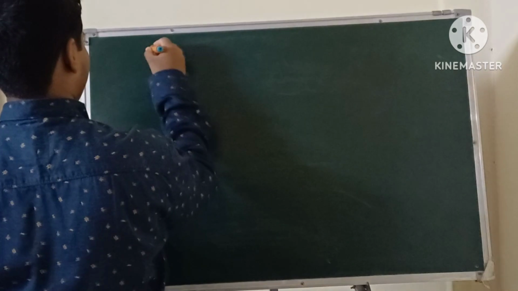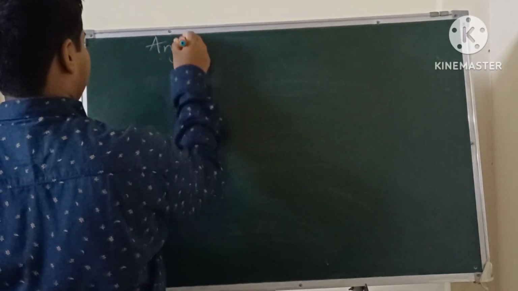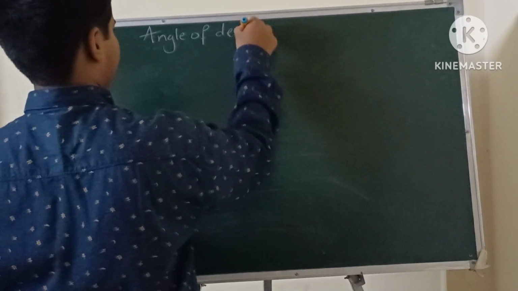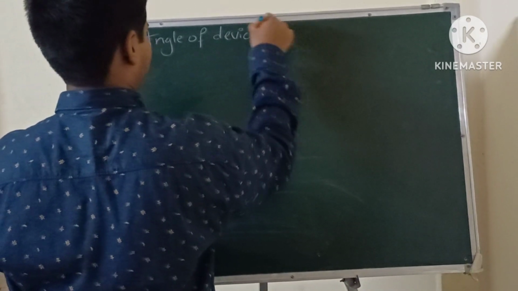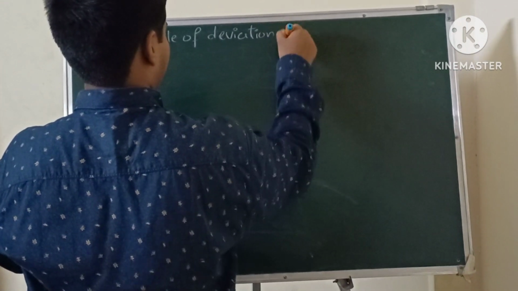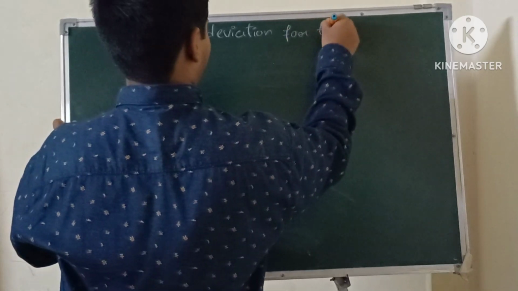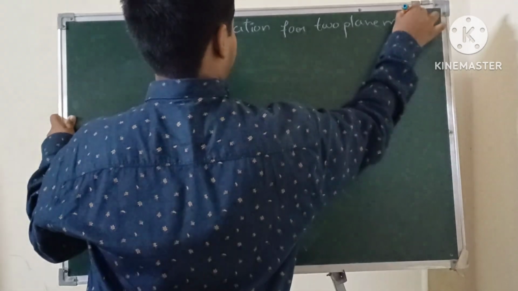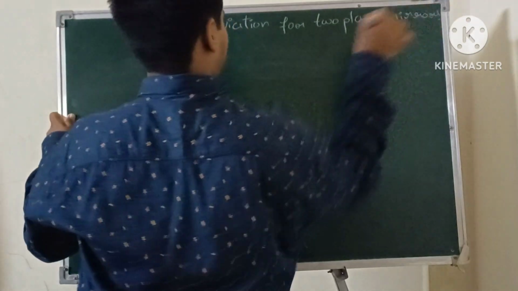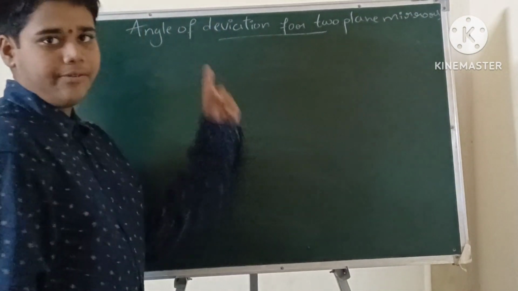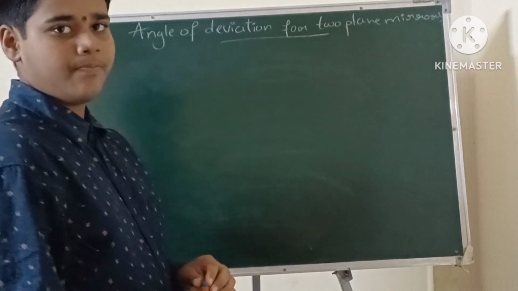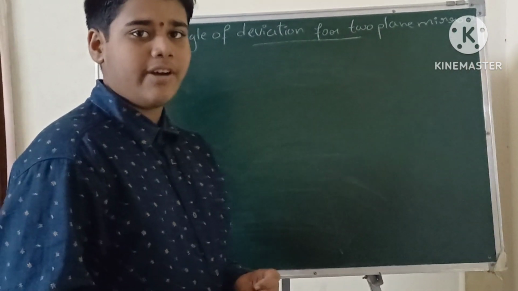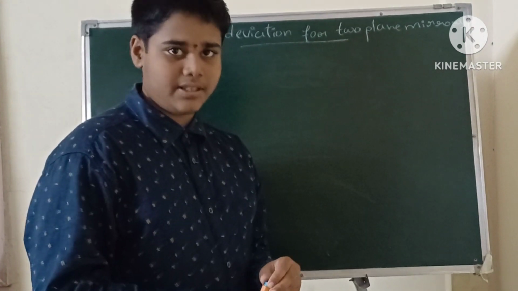And here, angle of deviation for two plane mirrors. Angle of deviation for two plane mirrors. For one plane mirror, angle of deviation is equal to 180 minus 2 angle of incidence.